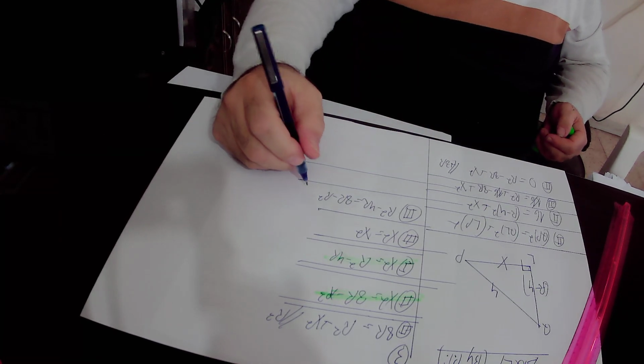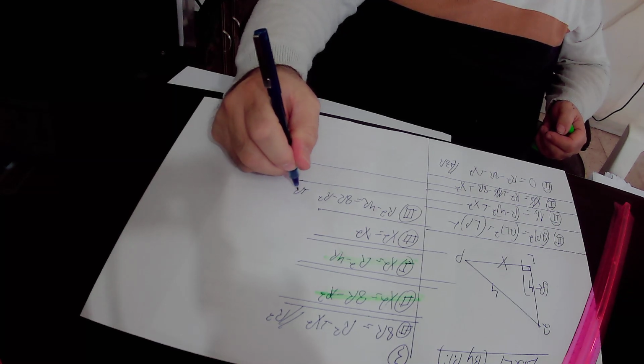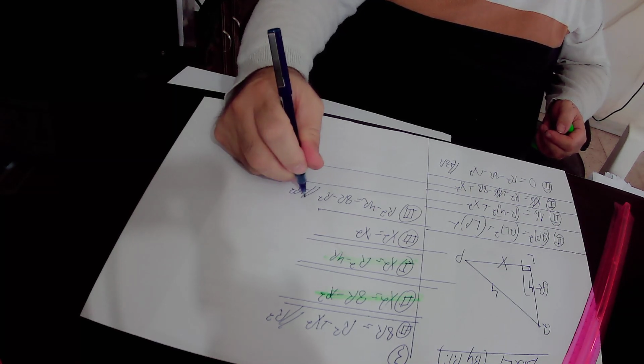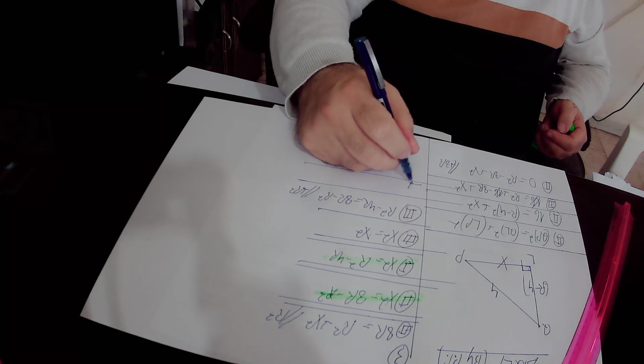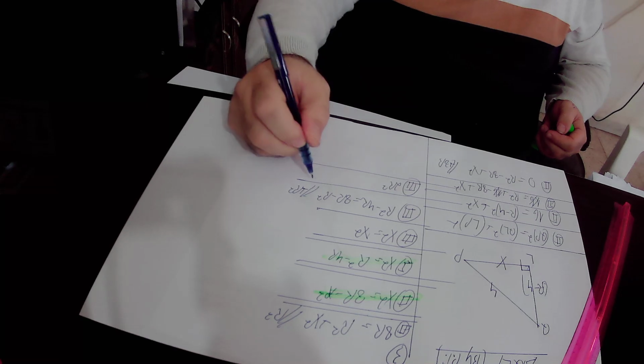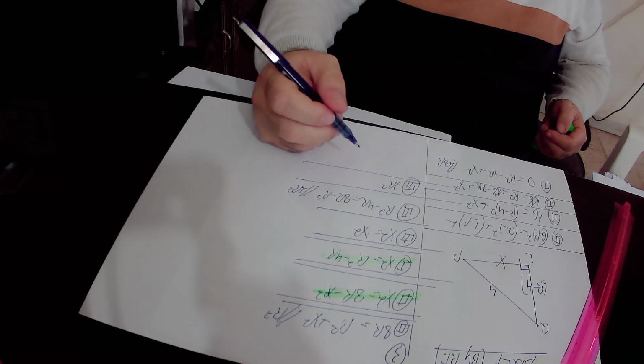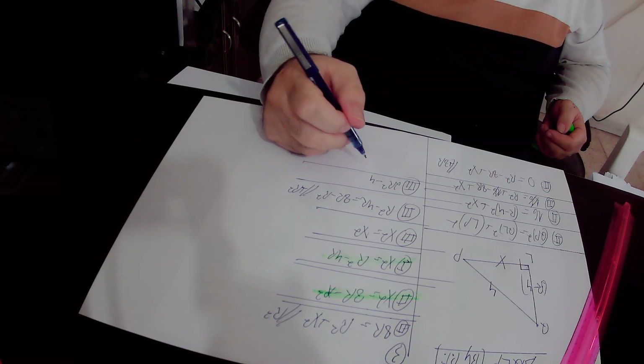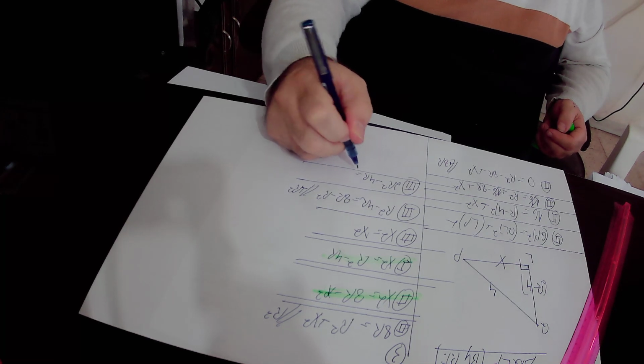Here we add R squared to equation number 3, and we get R squared plus R squared is 2R squared minus 4R, that is equal to 8R.